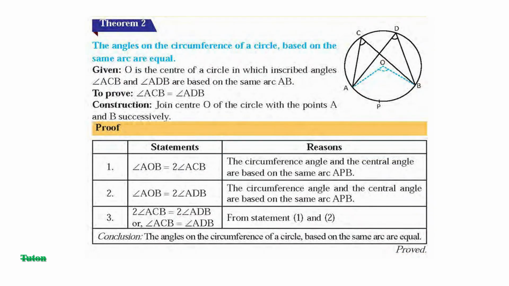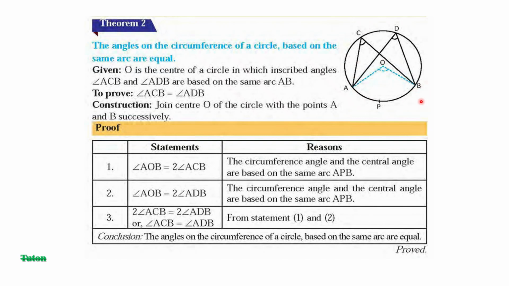Now moving on to theorem 2. This theorem asks us to prove that the angles on the circumference of a circle based on the same arc are equal. Here in this circle ACDBP, AB is the arc, the same arc for angles ACB and ADB.